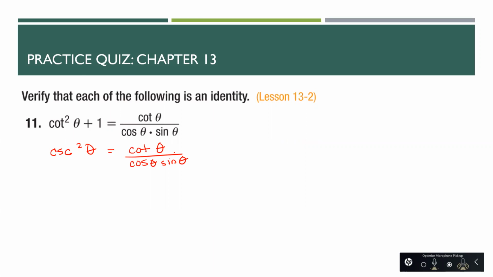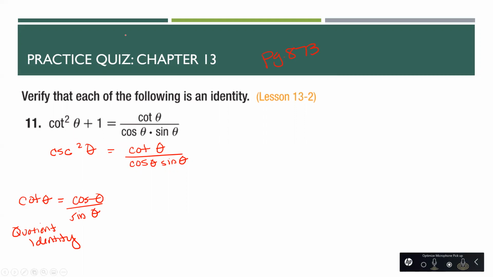All right, and then cotangent of theta is equal to the cosine of theta over the sine of theta. And this is the quotient identity, okay? Again, this is page 873 of the textbook, this is where all the identities are, okay?